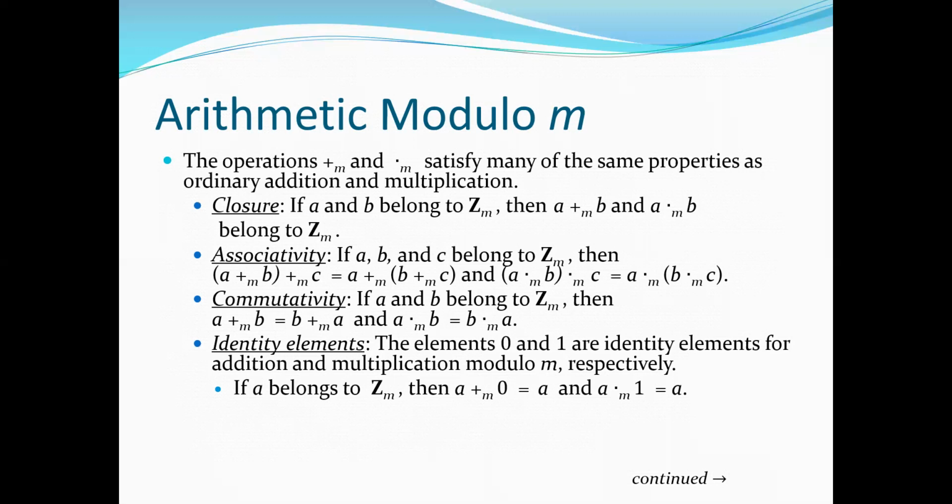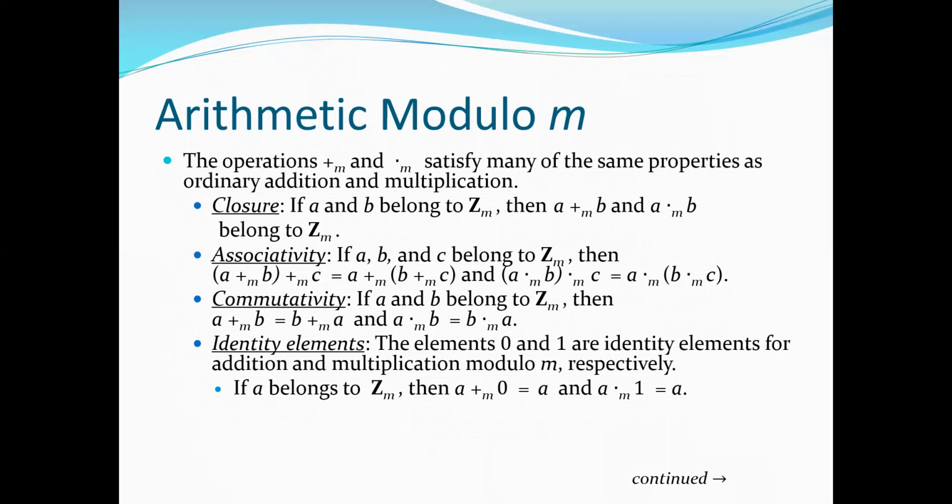Then associativity: if A, B, C belong to Z sub M, then A plus modulo B, plus modulo C is equal to A plus modulo B plus modulo C, and likewise for multiplication.